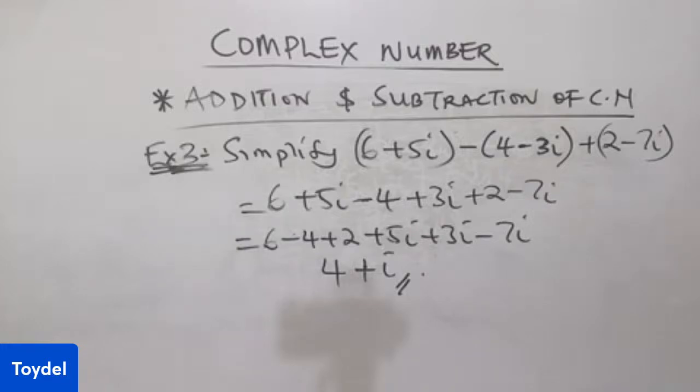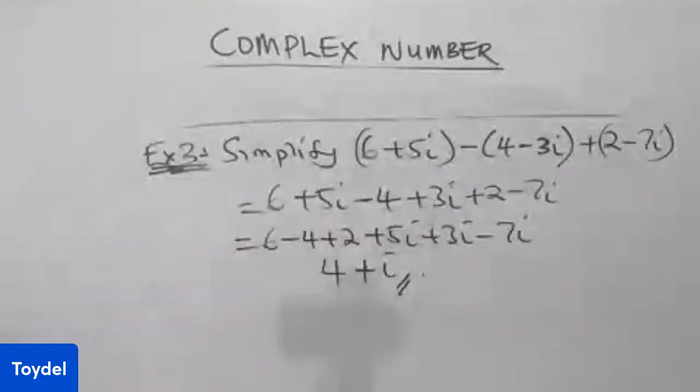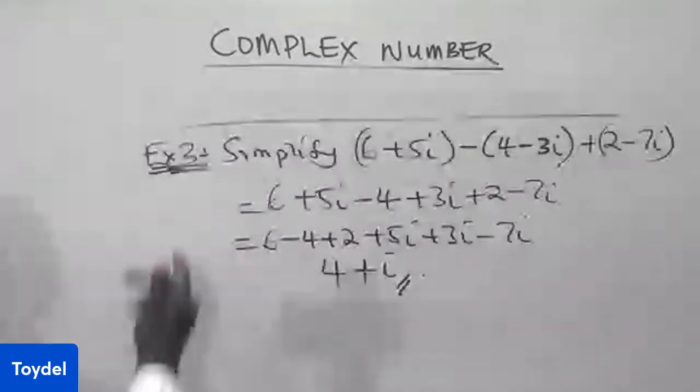I want us to introduce one more basic operation, that is, multiplication. Once I introduce multiplication of complex numbers, then I can close the class. We continue from there some other time.